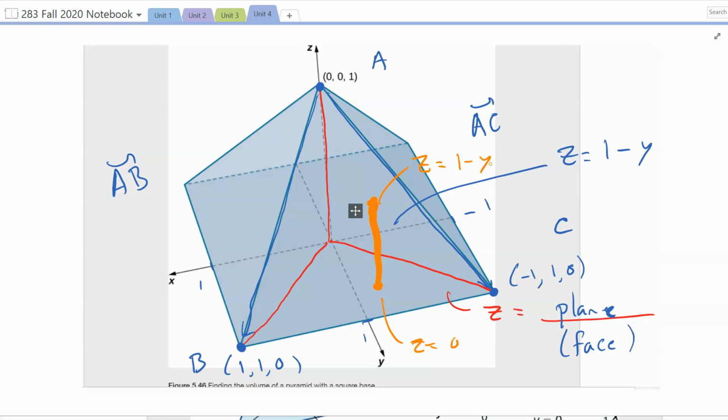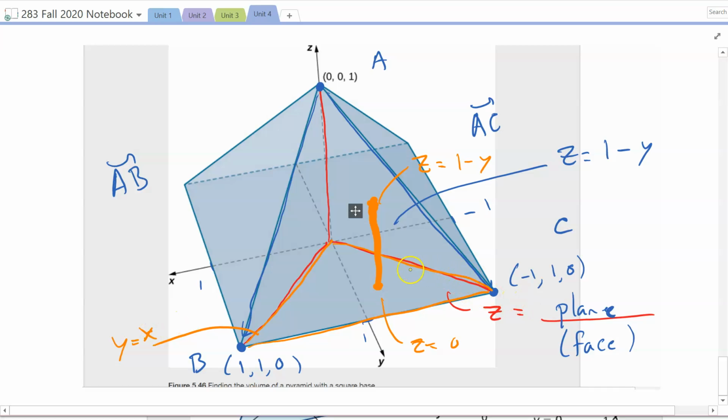We also need to take note of the projection into the xy plane. This is going to look like this triangle that I'm outlining here in orange over top of the red and the blue. This line right here in the xy plane is the 45-degree line, so that's the line y = x.